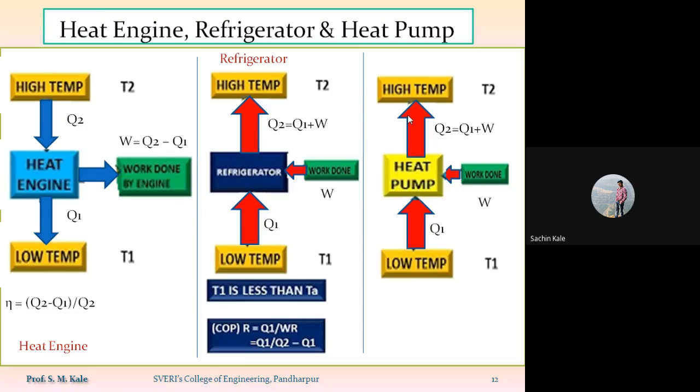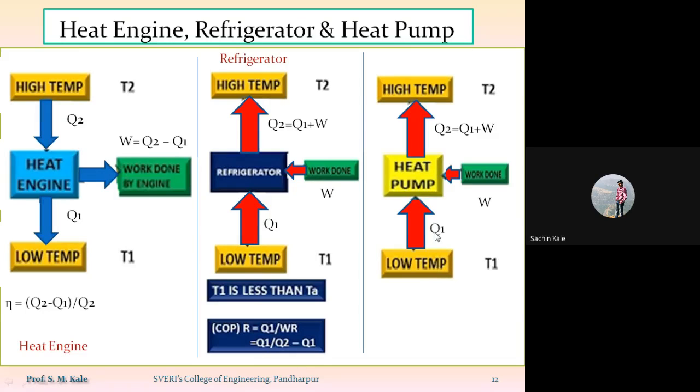So that human being will need a temperature of nearly 20 to 25 degrees centigrade. But the atmospheric temperature is 10 degrees centigrade. So in that case, the heat pump we are using will absorb heat from the lower temperature body. In that case, the lower temperature body will be considered as the atmosphere.